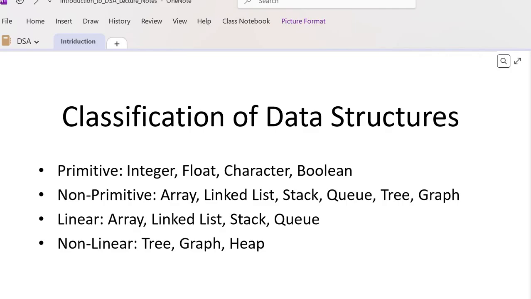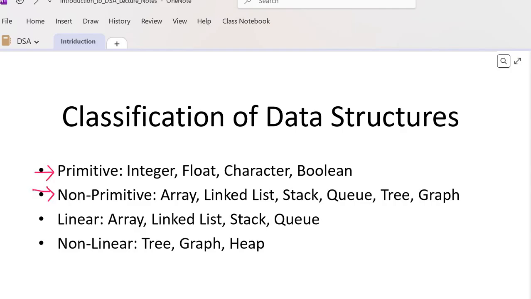The next topic is the classification of data structures, which is generally defined as primitive and non-primitive. Primitive data types are integer, float, character and boolean.